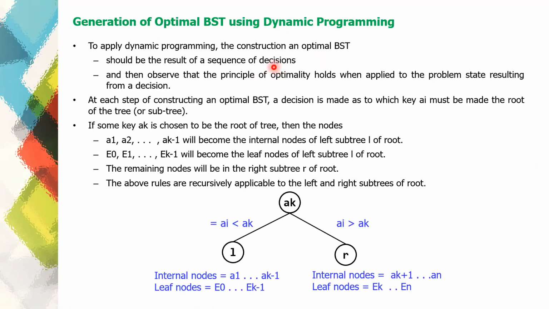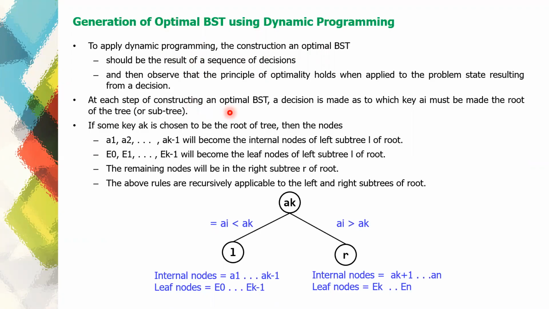Then the second criteria for using DP: a bigger problem will be divided into a number of subproblems, and each subproblem must hold the principle of optimality. The main problem should hold the principle of optimality, and each subproblem must also hold the principle of optimality. Now, these two rules must be applicable for any given problem if you want to solve it by using dynamic programming. This is very much common for all the DP problems.